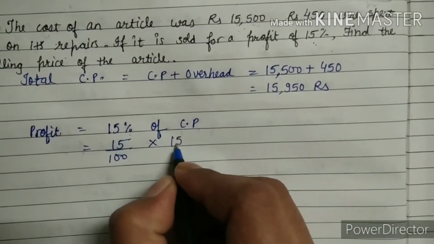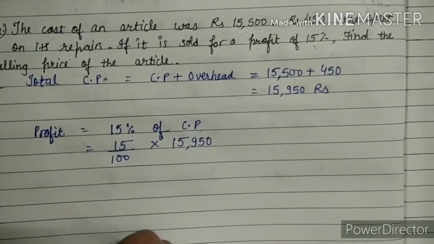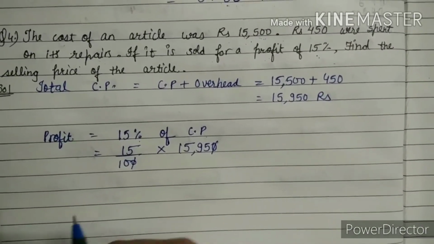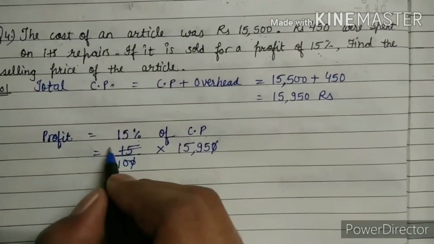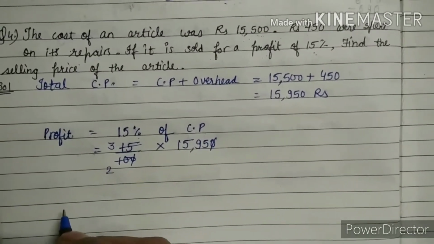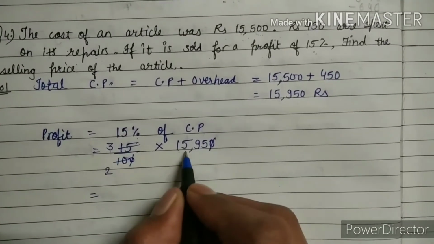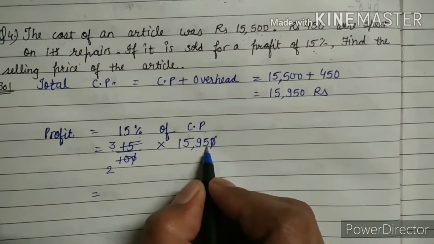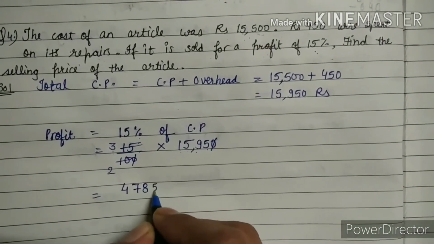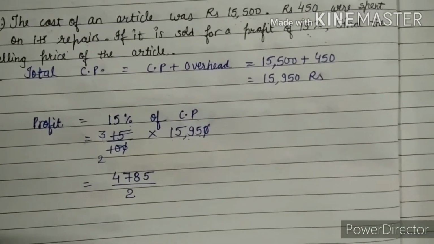That's why 15,950. Here 0 to 0 cut, then 5 3s are 15, 5 2s are 10. Now I am multiplying 3 into 1595. Then we will get 4785 and it will be divided by 2.